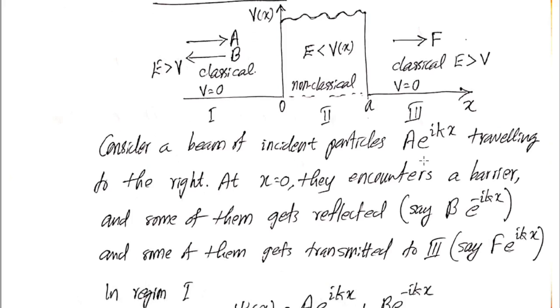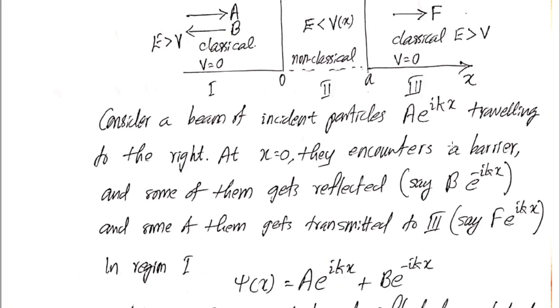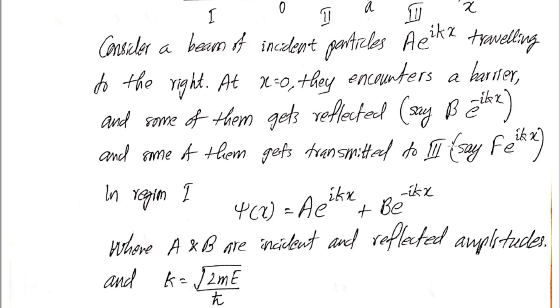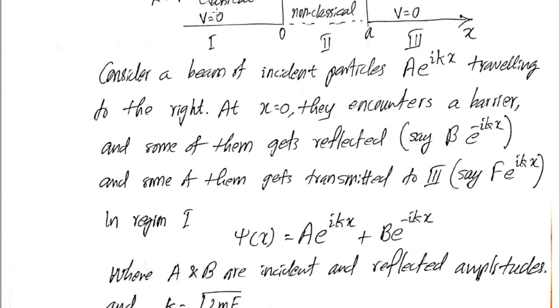So we consider the incident particle, say the wave function of the incident particle is A e^(ikx), where k = √(2mE)/ħ, because here in region 1 the potential energy is equal to 0. Now a part of these waves will be reflected back into the same region due to the potential barrier.